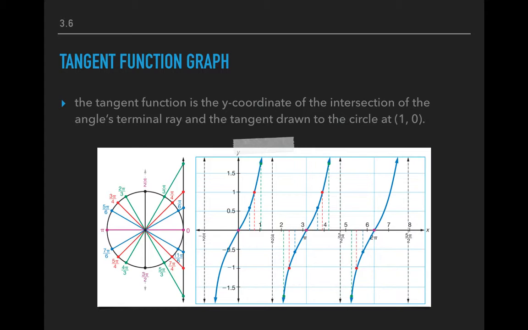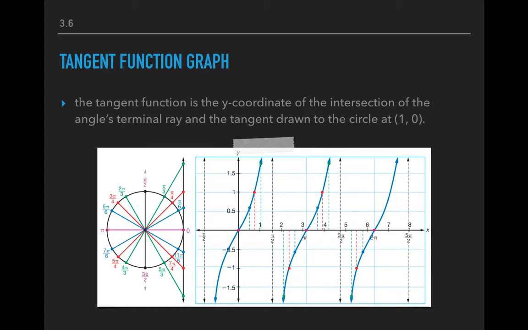You'll notice that the height where that terminal ray intersects the tangent line is the height on the graph that you see just to the right. You could measure it with your fingers there, from 0 to where pi/6 intersects that tangent line. That is the height of the graph of your tangent function.